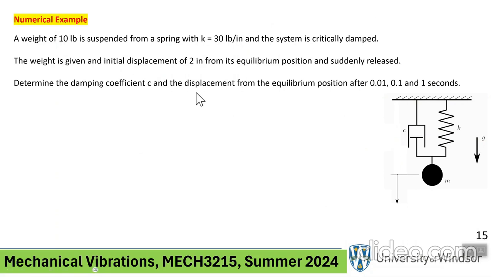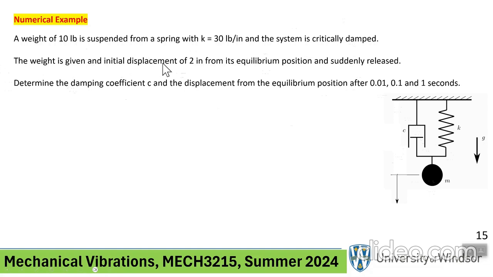So what we have is a weight of 10 pounds suspended from a spring. We have the stiffness of the spring, that's 30. And we know that it's critically damped. So this C is not quite arbitrary. Okay, we know what the value of C is because we know that the value of zeta is equal to 1. All right.